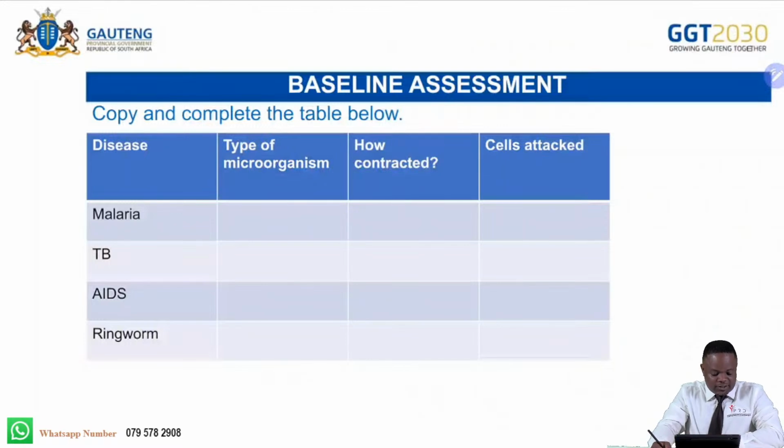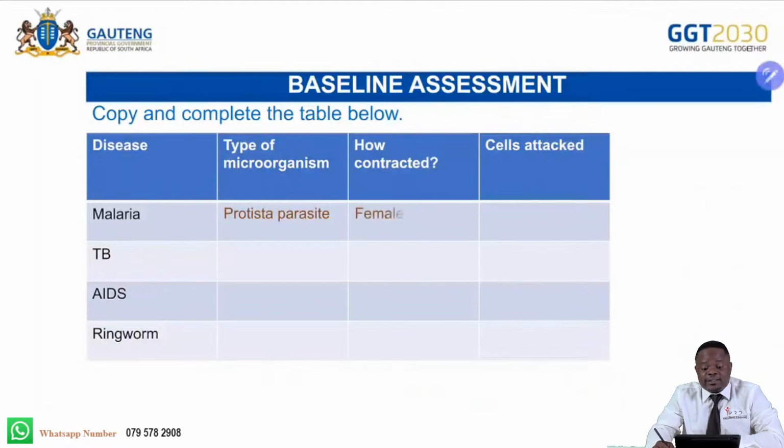So we have the different diseases there, and the types of microorganisms that cause them. The first one, malaria. Remember, malaria is caused by a parasite, and how is it contracted? This is spread by female mosquitoes, the Anopheles mosquitoes, and specifically we give them the term vectors.